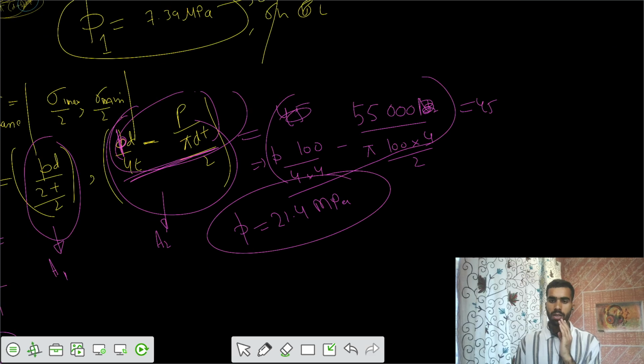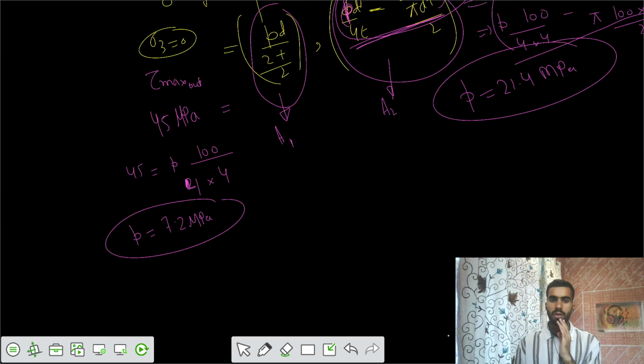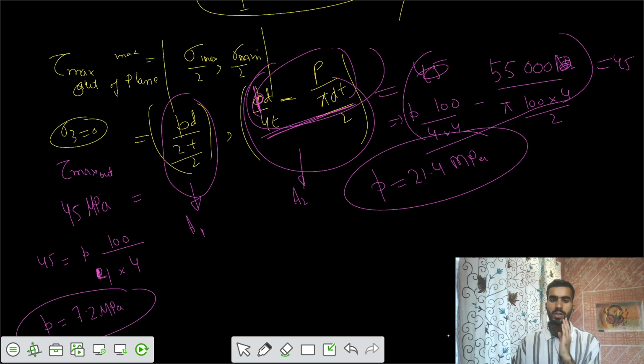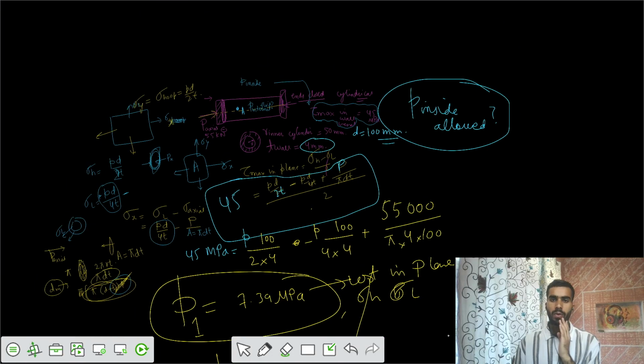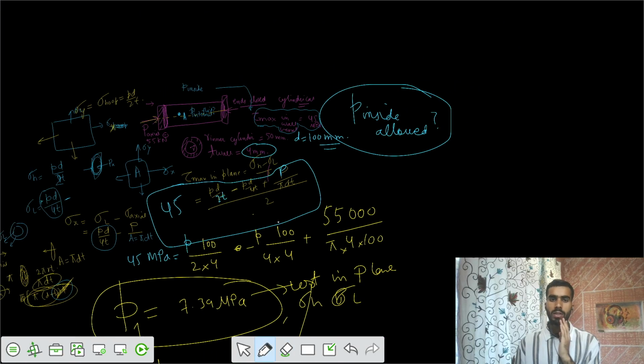Now out of these three pressures, which would you prefer? Which one can you allow for the material having tau allowable of only 45 megapascal?